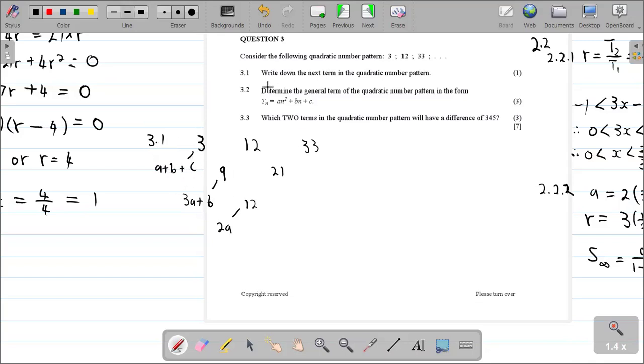So 3.1 is saying write down the next term in the quadratic number pattern. So it means we must add a 12 here.